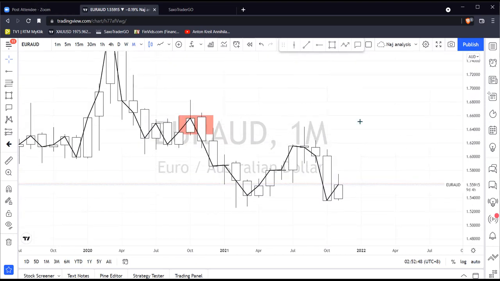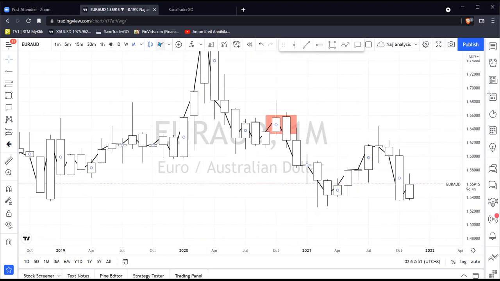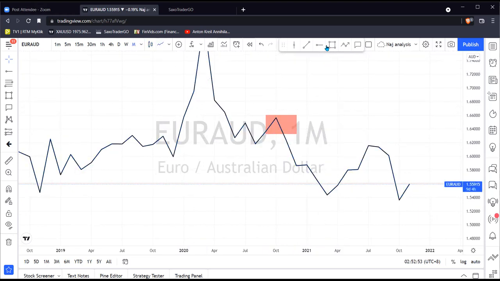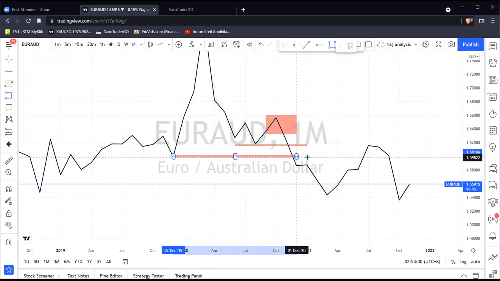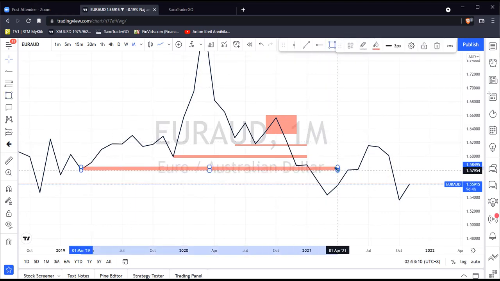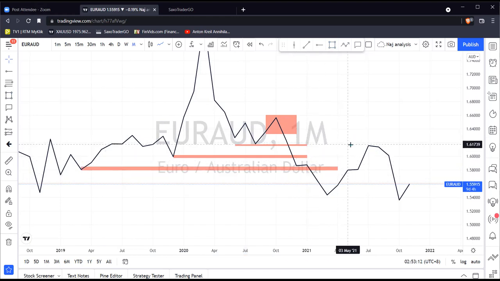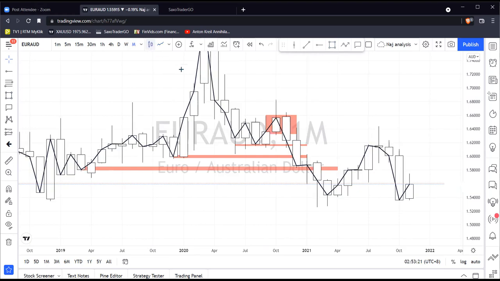Let's go to line chart. Our first TP is this one. Second TP, this one. Third TP is this one. Just take until the third TP. That should be enough because it's homework. If you want to be so detailed, it's going to affect the time you need to do your homework.